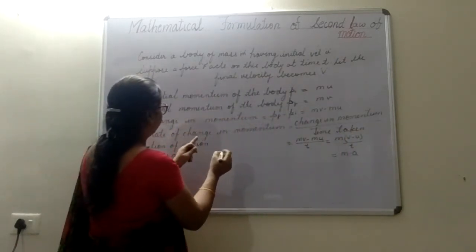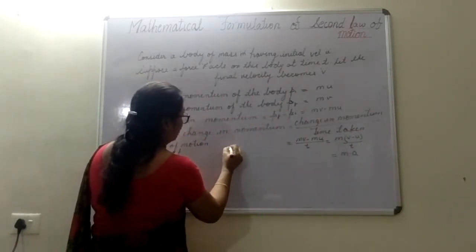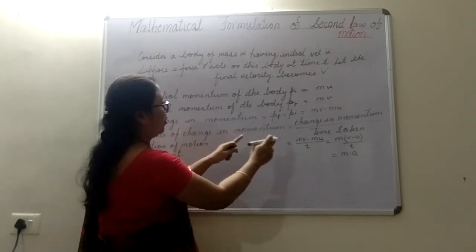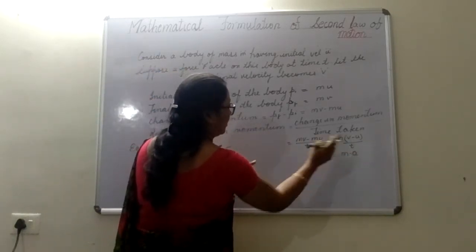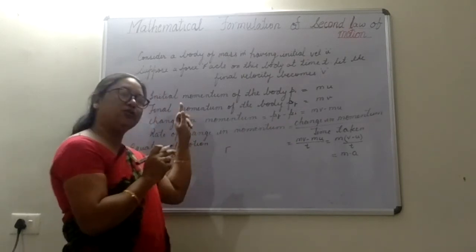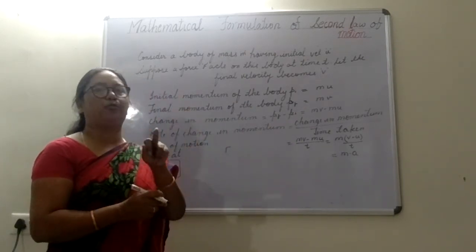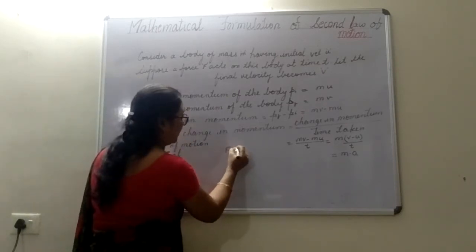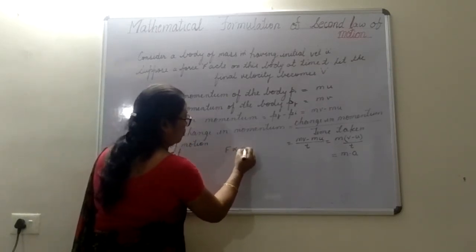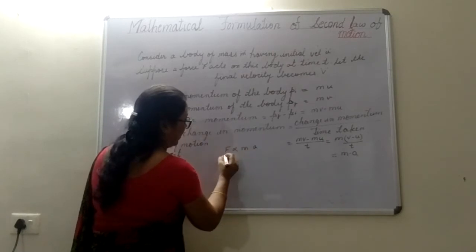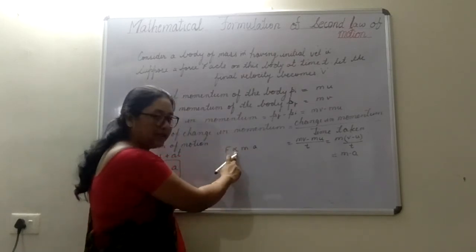So here the rate of change of momentum is equal to m into a, and according to Newton's second law of motion, rate of change of momentum is directly proportional to force. So we can write F is directly proportional to m into a. Here this is the proportionality sign.